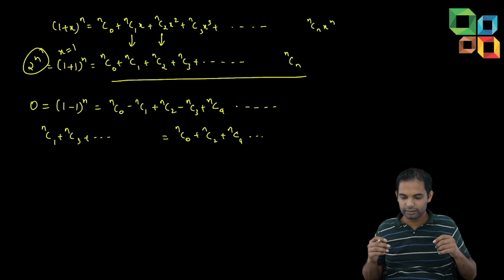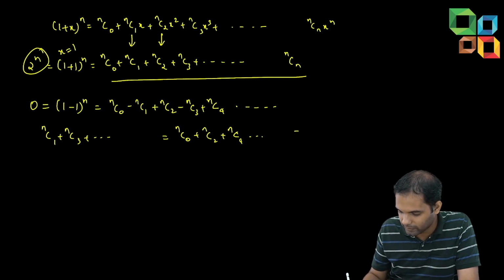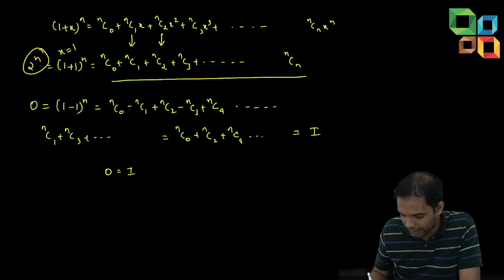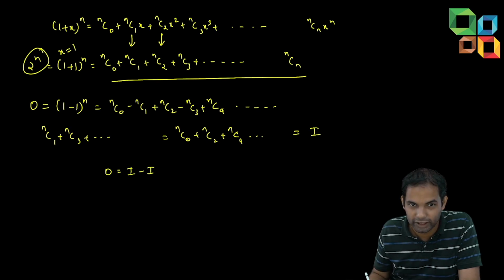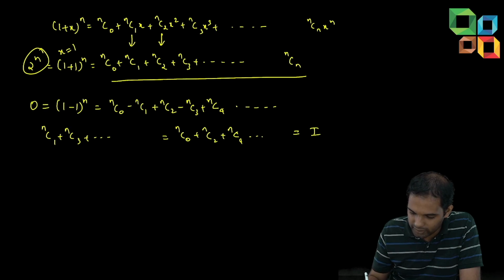So what does that mean? So I have two terms which are equal, correct? If I name each of these terms as some I, that means this 0 is I minus I. That's why it's 0. Correct, both are equal. What does that mean? We knew in this equation, the even portion and the odd portion are added, correct?